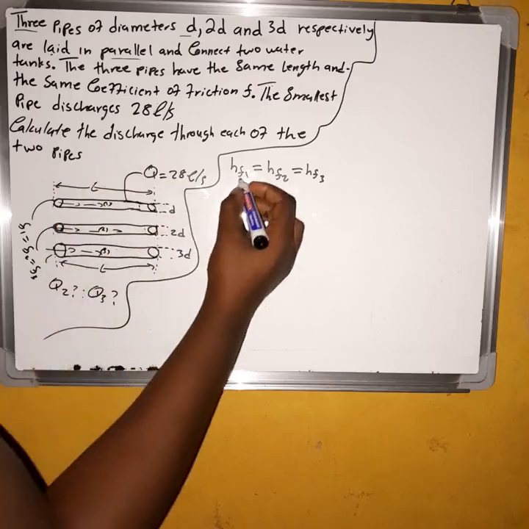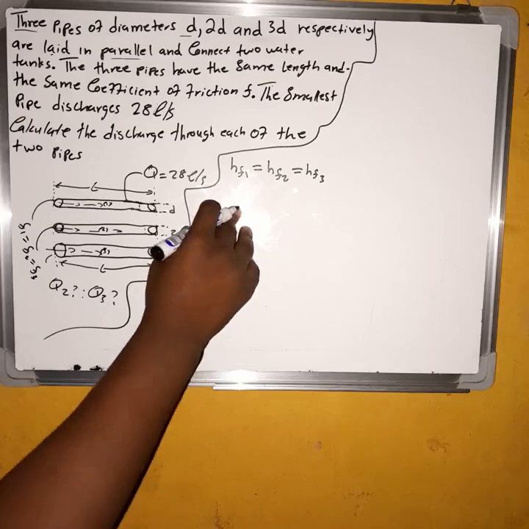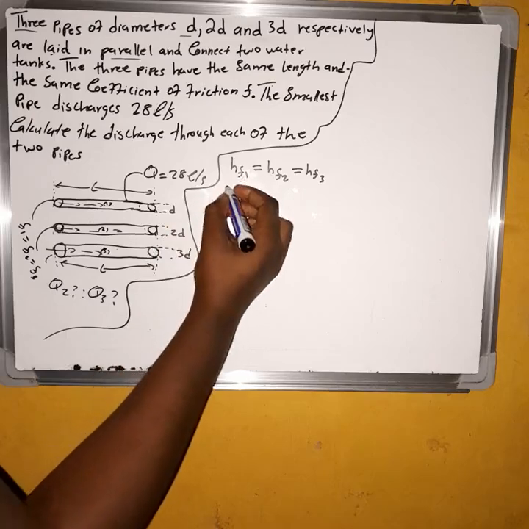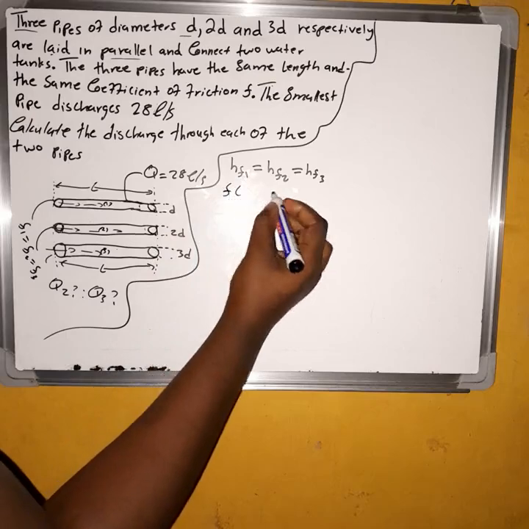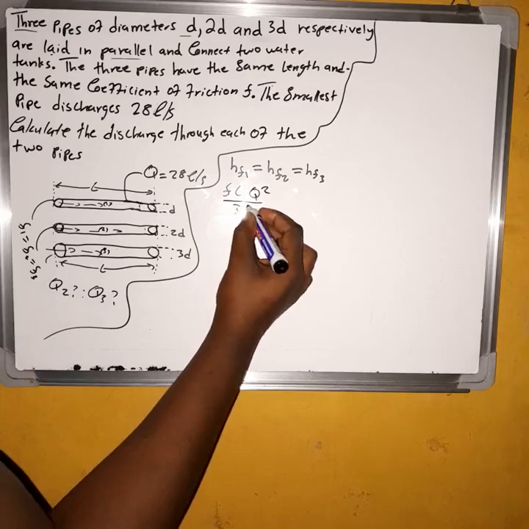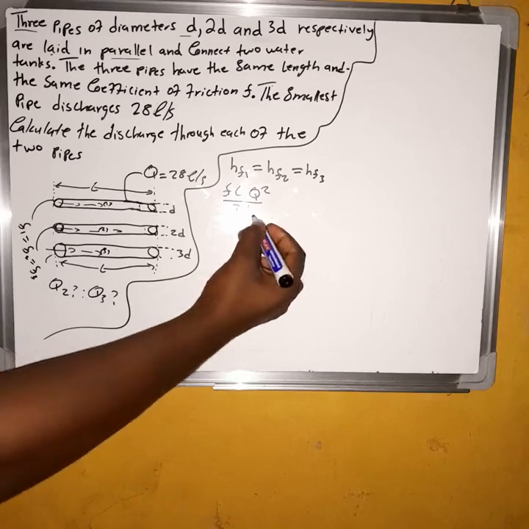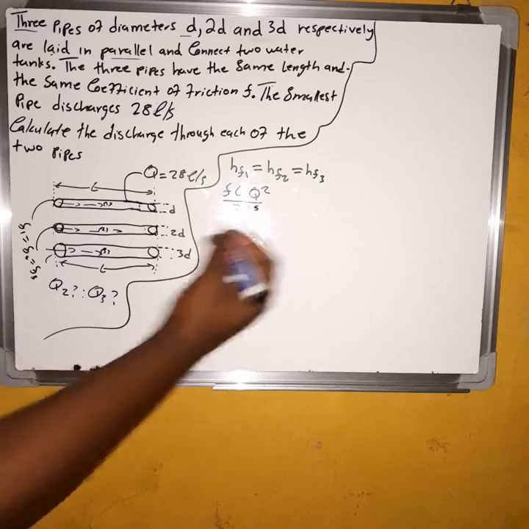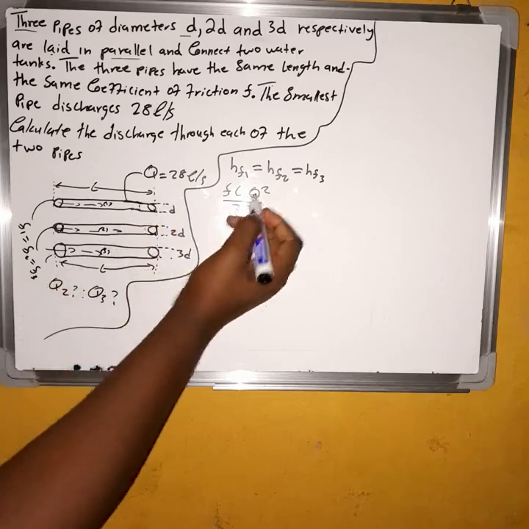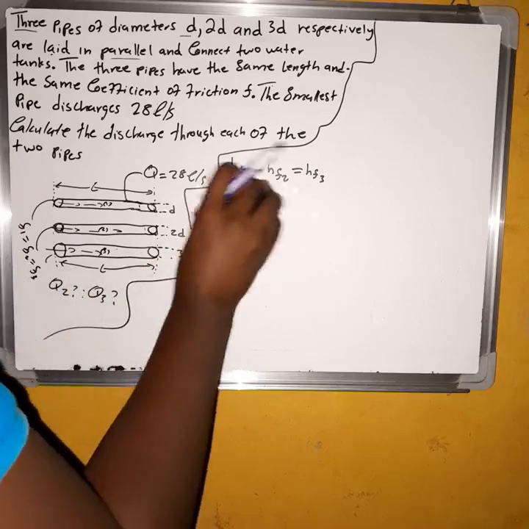We'll use this one: HF equals FL Q squared over 3D raised to the power 5. Use this one because we want Q and there's no velocity. Just make your work easy.